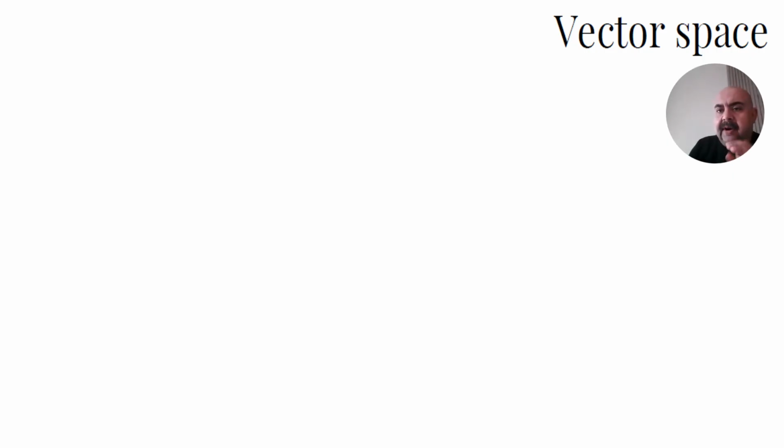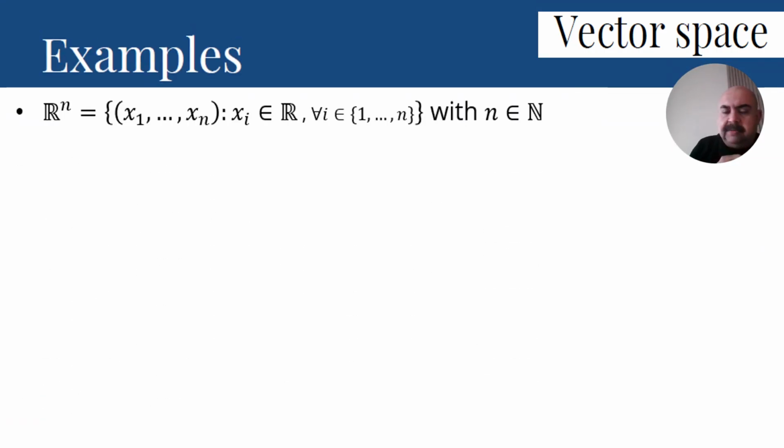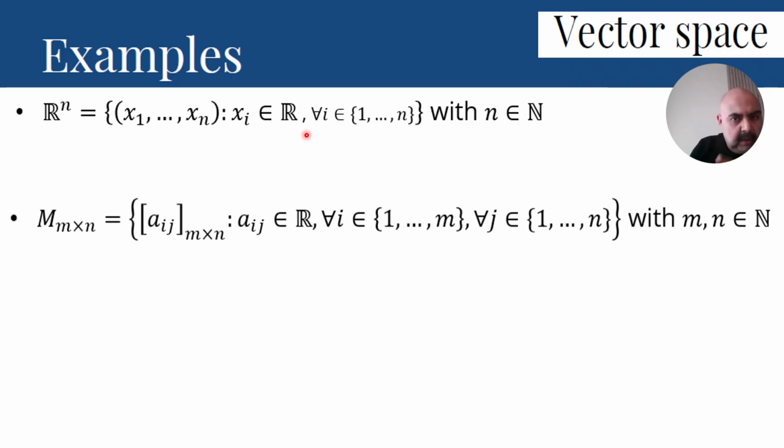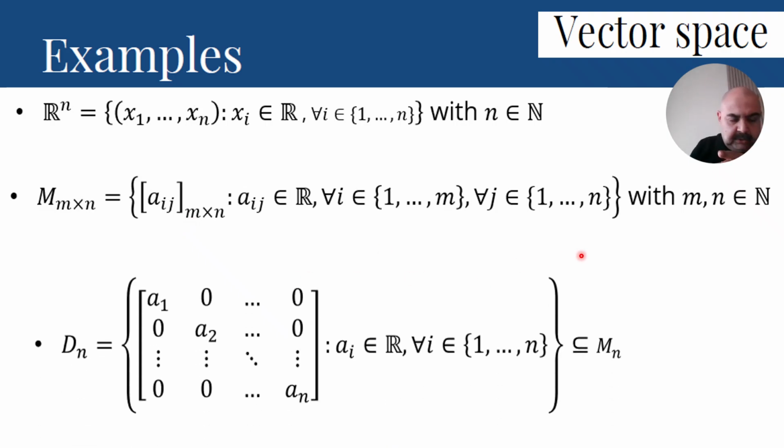Okay, for vector spaces: if we are talking about Rn, which means the set of all numbers from x1 up to xn, such that xi belongs to R, that is a vector space. The set of all matrices with dimension m by n is also going to represent a vector space. The set of diagonal matrices: if you add a diagonal matrix of a certain dimension to another diagonal matrix of the same dimension, the result will be a diagonal matrix of the same dimension.